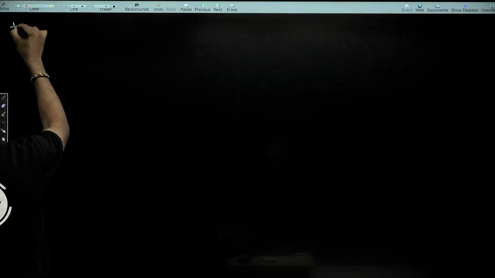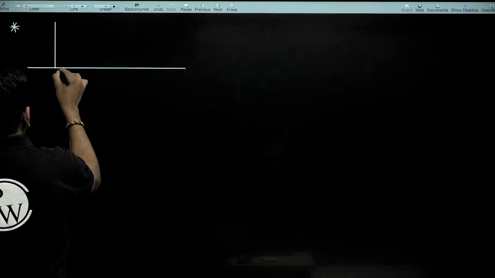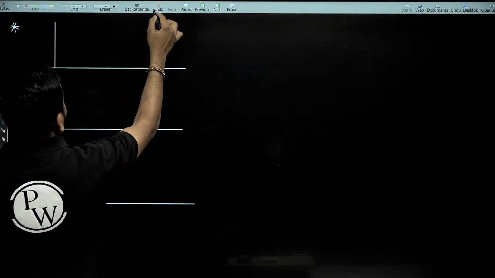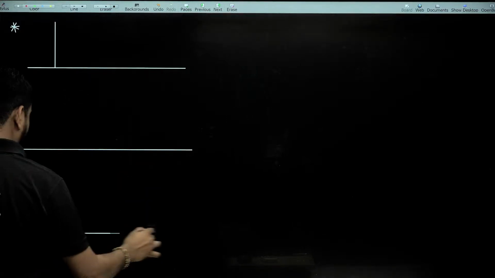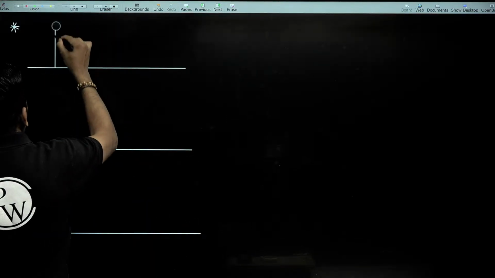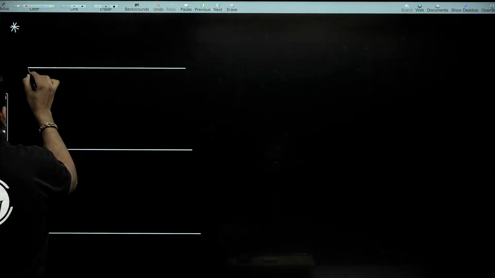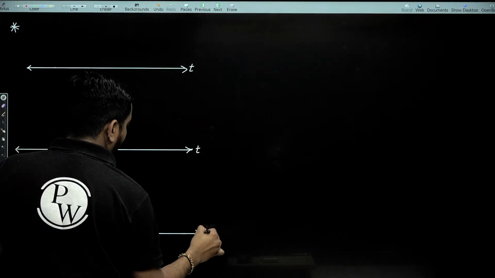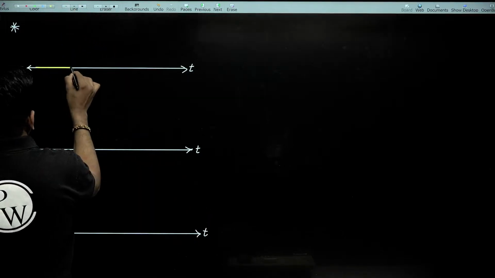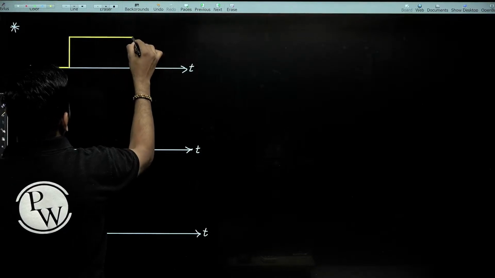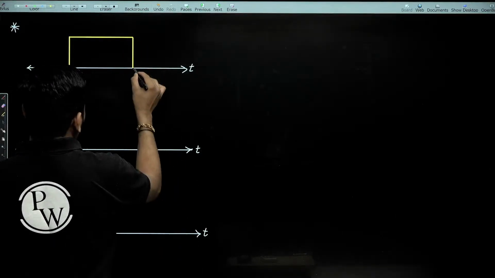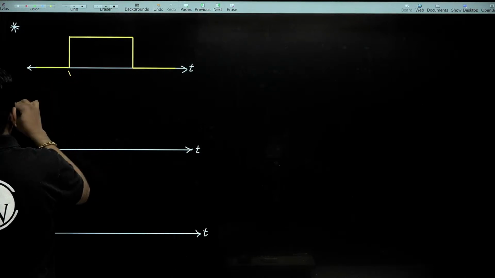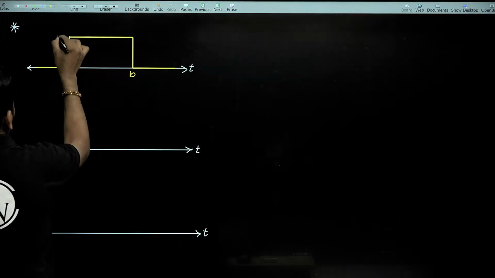See, u of t, and suppose this is a rectangular function from a to b, having amplitude k.